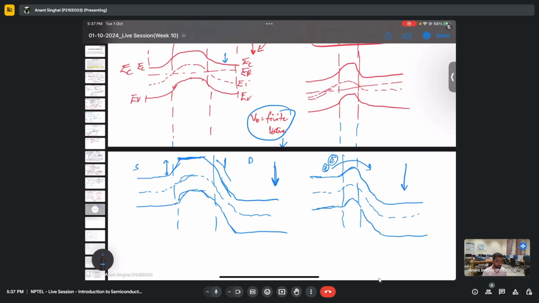But once we have decreased our length so much that we are going away from this barrier, or we are not even having it, then we call it drain induced barrier lowering, DIBL. Are you able to understand this? Yes, sir. Yeah. So this is now the second thing that we have covered.